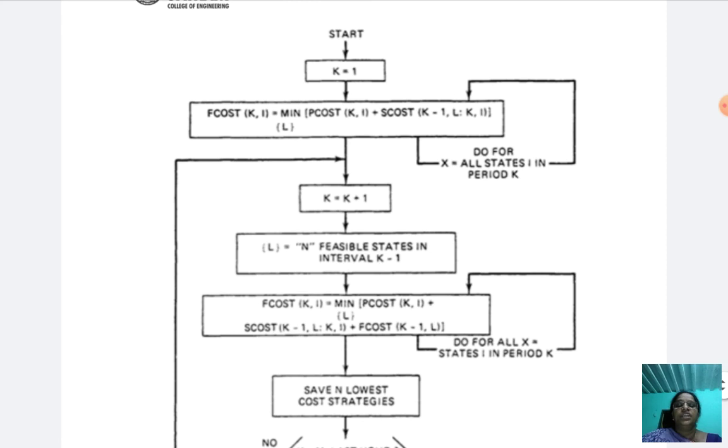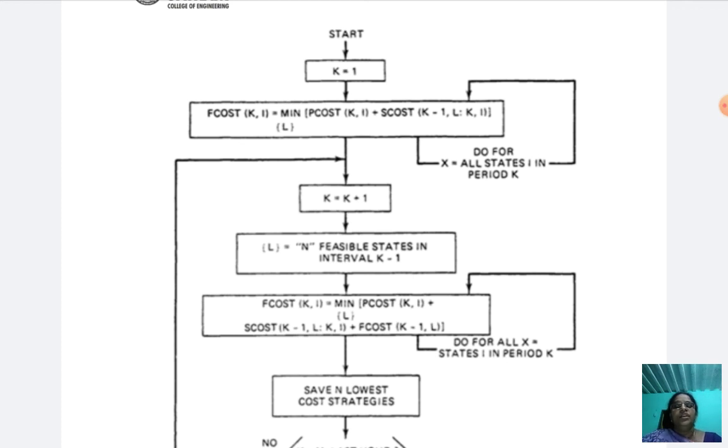Now you see the flowchart. First start, then k is equal to 1, and you already know the formula F cost(k,I), so you write the cost. Then again you have to check. If k equals k plus 1, then X is equal to do for all states I in period k, again going to F cost only.